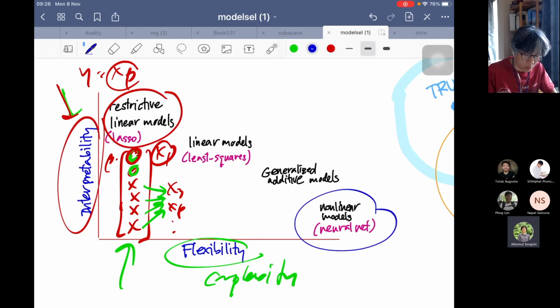What about a very complex one, neural network, deep learning models? It has more flexibility, right? What about in terms of interpretation? Napat, if we just print all the weight values of the deep learning model, what can we see?